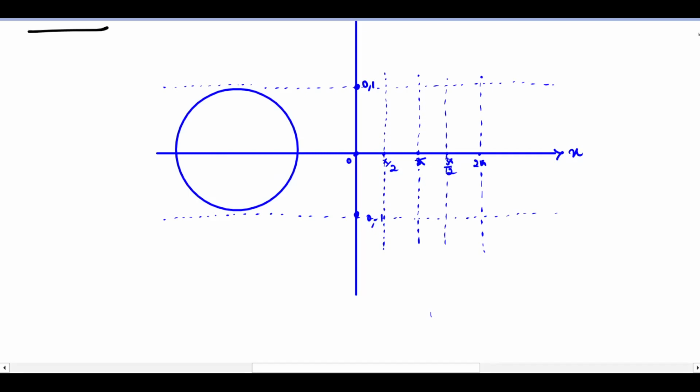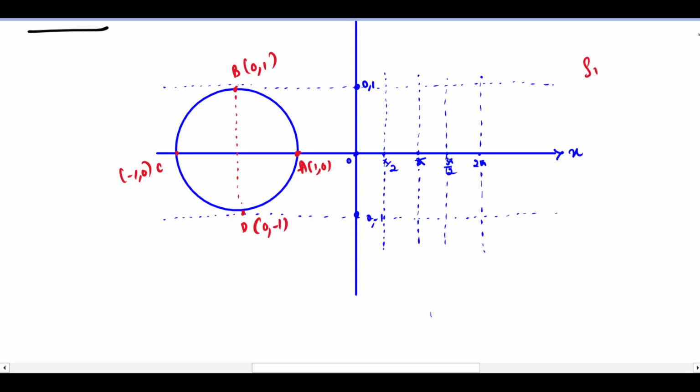Again we mark points A, then B, and C, and D. So we will join B and D. So we have point A 1 comma 0, and B 0 comma 1, and C minus 1 comma 0, and D 0 comma minus 1.